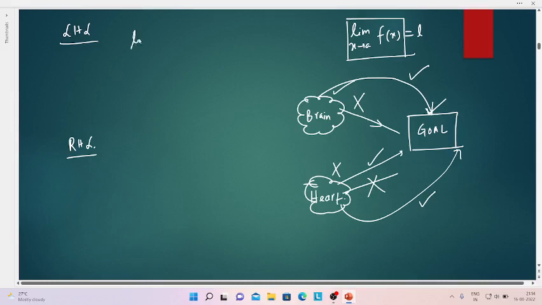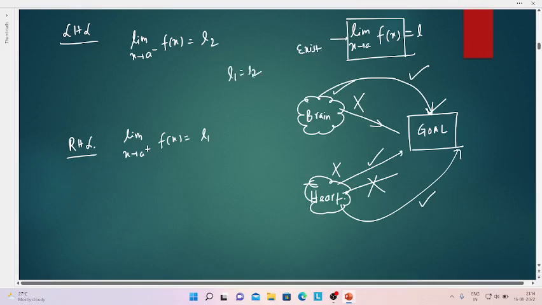I mean, the left hand limit would look like limit x tending to a minus f(x), suppose that value is actually L2, right? And the right hand limit, which is limit x tending to a plus f(x), whose value is actually L1. So that particular limit will exist when L1 equals L2, right?